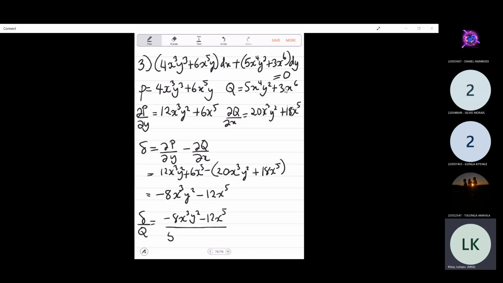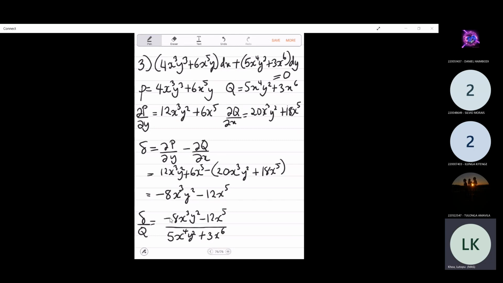We have 5 x to the power of 4 y squared plus 3 x to the power of 6. Okay, so we can try factorizing, but we will not be able to change it.